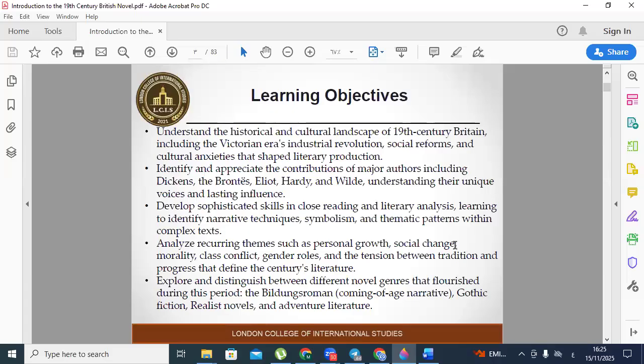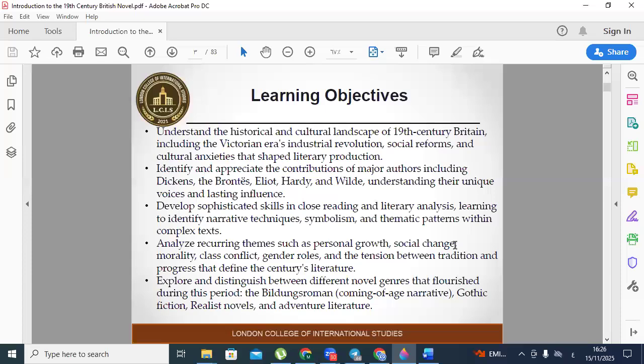Learning objectives: understand the historical and cultural landscape of 19th century Britain, including the Victorian era's industrial revolution, social reforms, and cultural anxiety that shaped literary production. Identify and appreciate the contributions of major authors, including Dickens, the Brontës, Eliot, Hardy, and Wilde, understanding their unique voices and lasting influence.